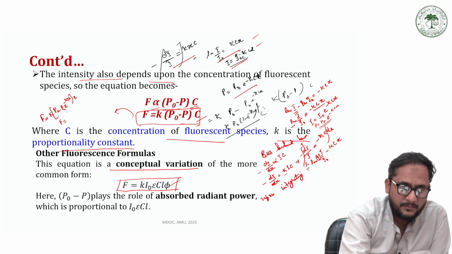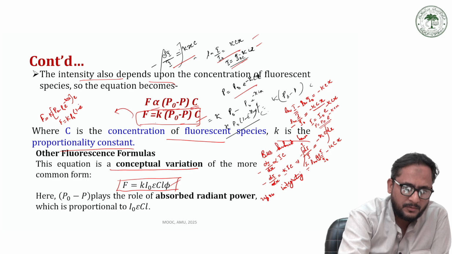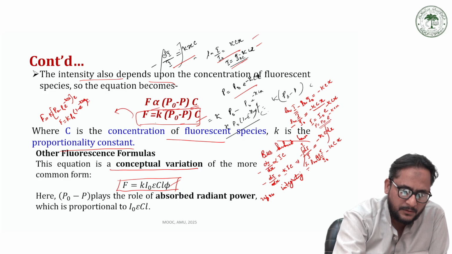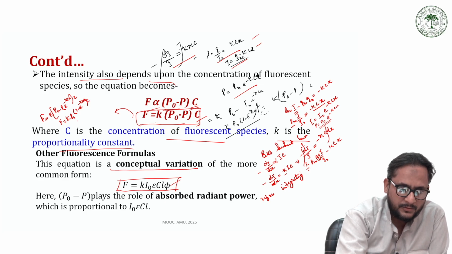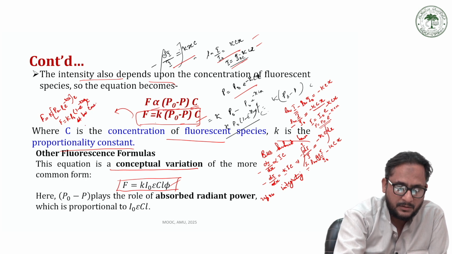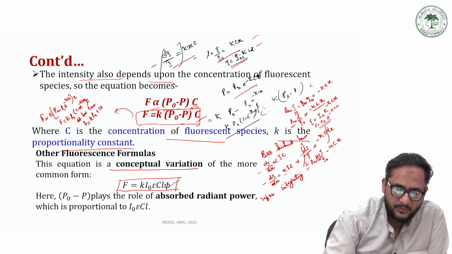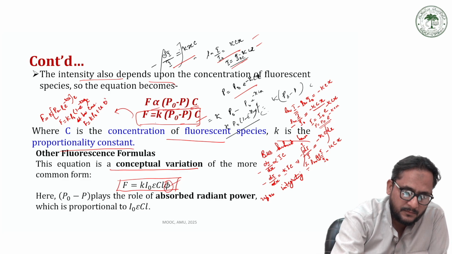F will be equal to, if we take P naught common, K P naught into 1 minus e to the power minus k c x. Now at low concentration, we get this form K P naught epsilon c x, and we put phi also because it shows the quantum yield.